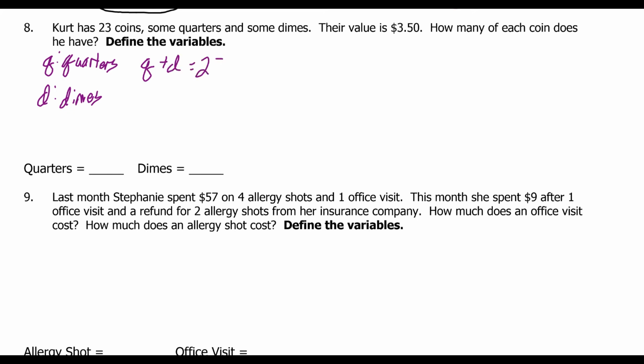that should be 23. Now, the value of a quarter, as we all know, is 0.25. So we got 0.25Q plus, and then the value of a dime is going to be 0.1D equals $3.50.